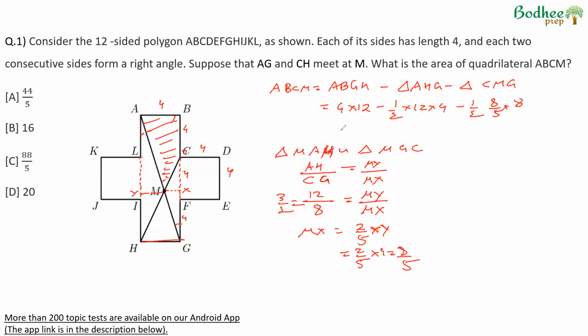This value becomes 32 by 5. So the area is 48 minus 24 minus 32 by 5, or 24 minus 32 by 5, or 120 minus 32 by 5, or 88 by 5. Option C becomes my answer.